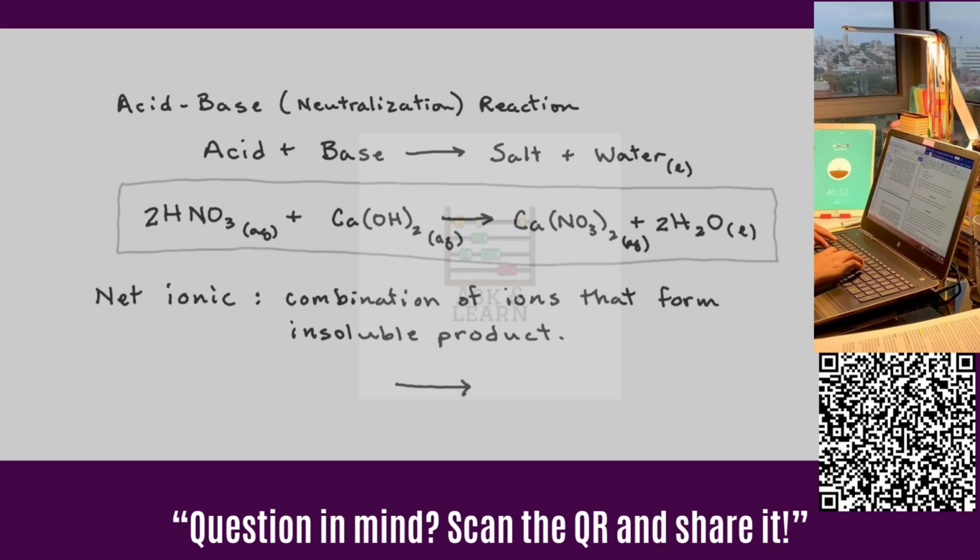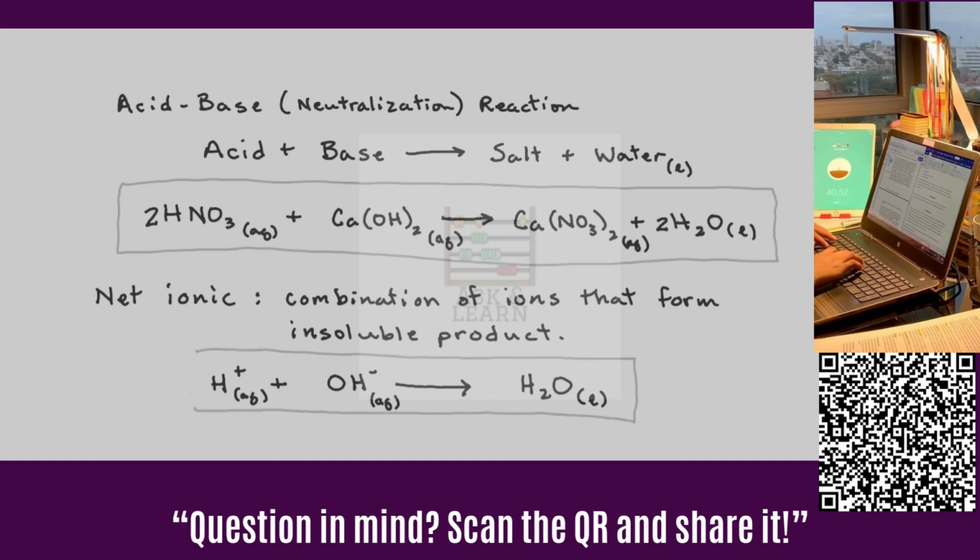That means we're producing the 2H2O. And the way we form that was by combining the hydrogen ions with the hydroxide ions. But if we notice, by taking this out of our balanced molecular equation, we end up with coefficients of 2 in front of each of these ions. So we need the smallest whole number ratio, so we can reduce this. And this gives us the net ionic equation.